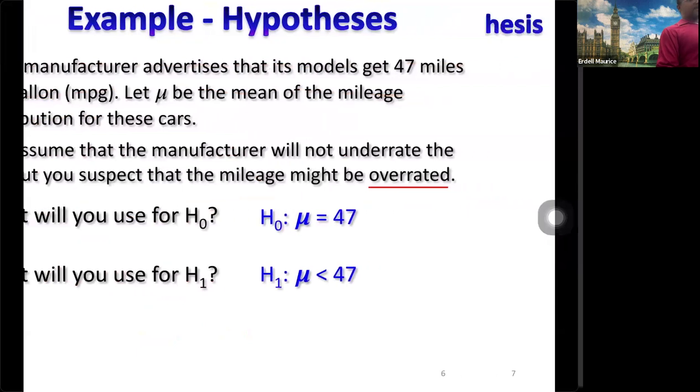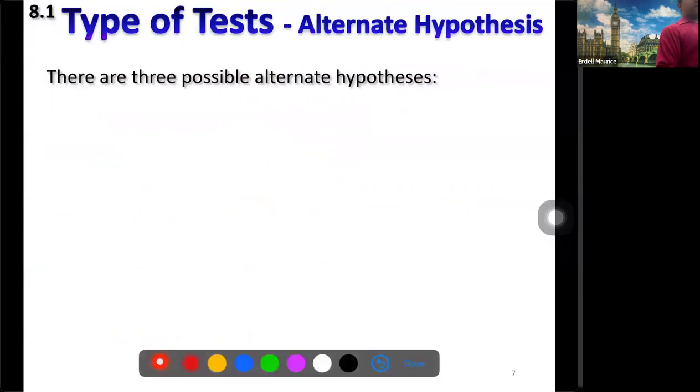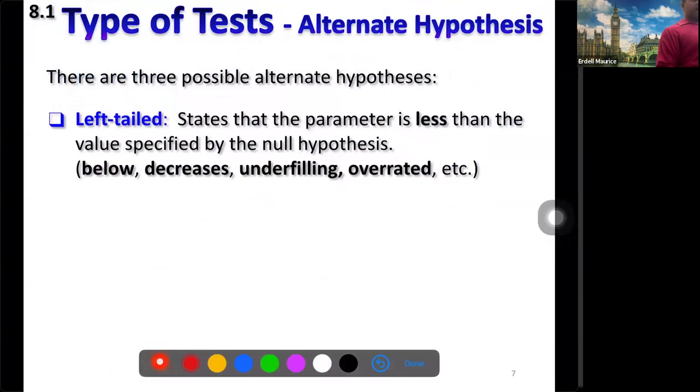All right. So now we can go into our tails, right? There are three possible alternate hypotheses. The first is called a left-tailed test. Where have we seen left-tailed before? Right? We're shading numbers that are less than, yes? You have your left-tailed test.